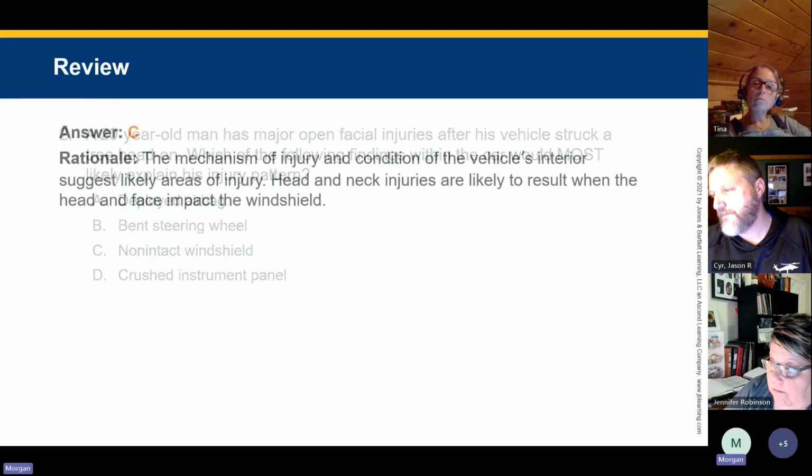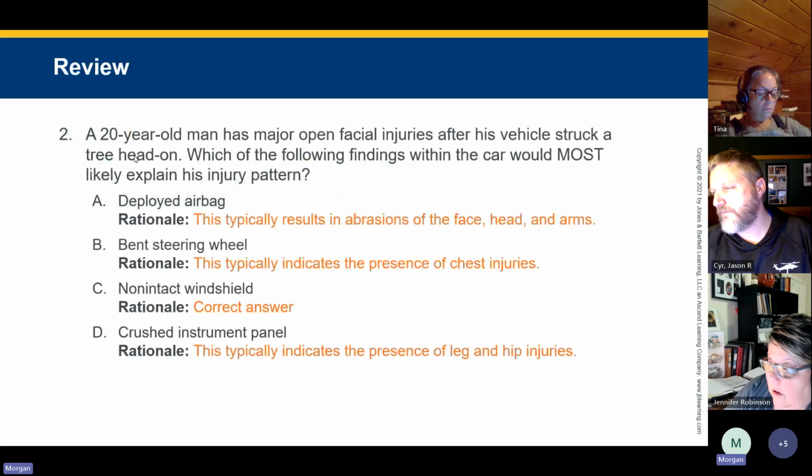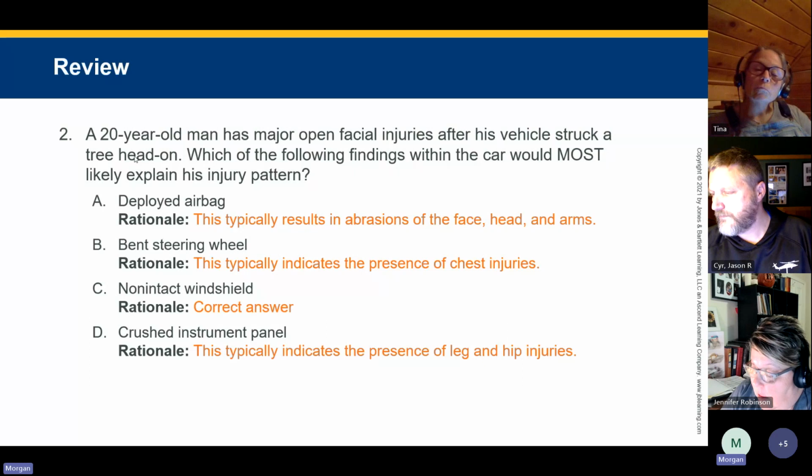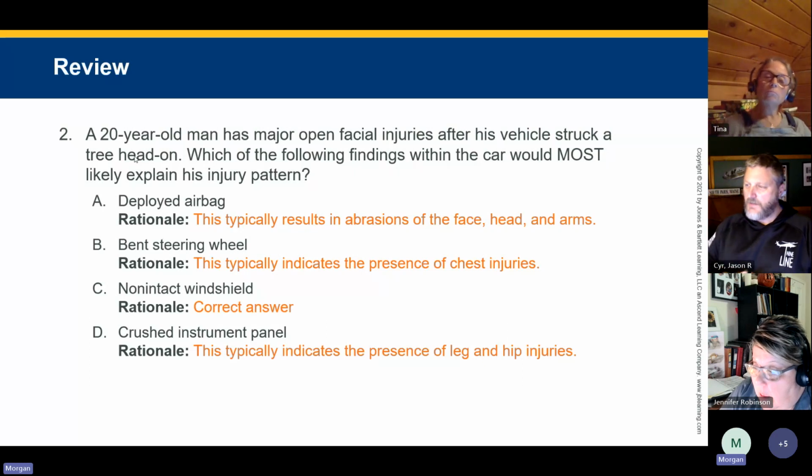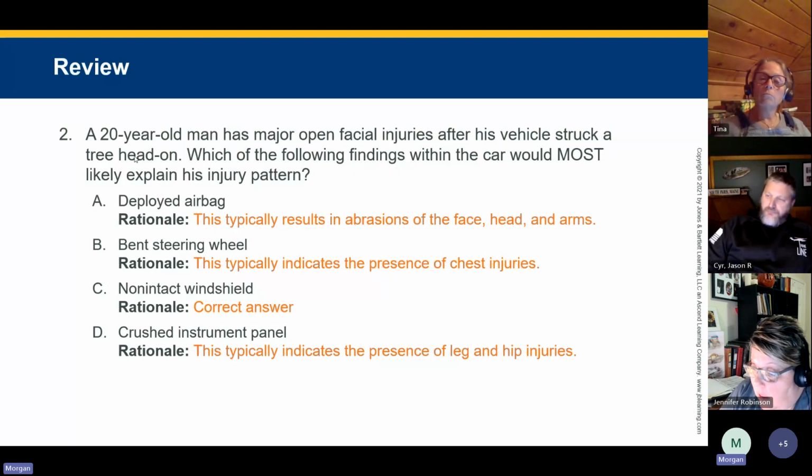It's C. I was trying to figure out why. Typical abrasions of the face, head, arms, open facial fractures. Now I understand. Obviously, starring of the windshield is a good telltale.